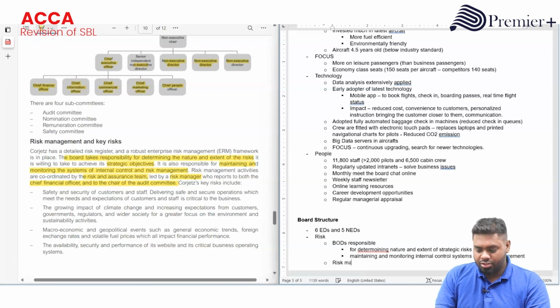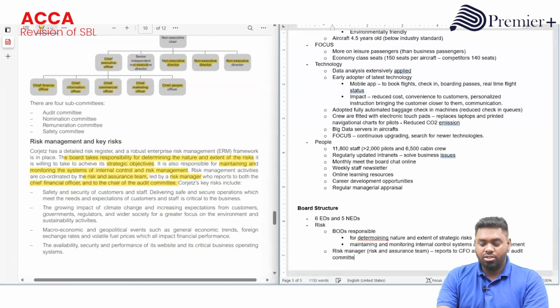So we have the risk manager who basically leads the risk and assurance team, who reports to the chief financial officer and the chair of the audit committee. And the audit committee is also involved with managing risk and internal controls. Cojet's key risks.